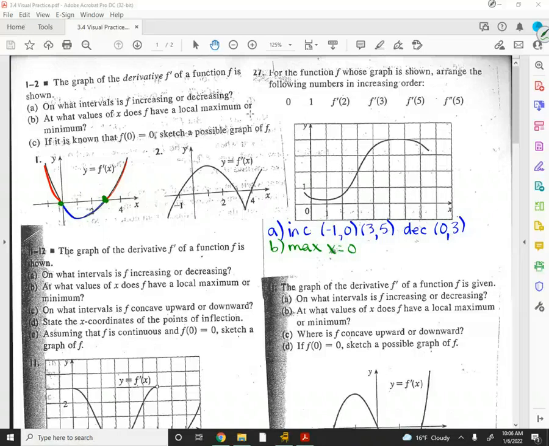We don't know what it's doing in the original, but we know where it occurs. And then this point right here, the derivative goes from negative to positive. So then the original goes from decreasing to increasing. So that's a min. There's a min at x equals 3.